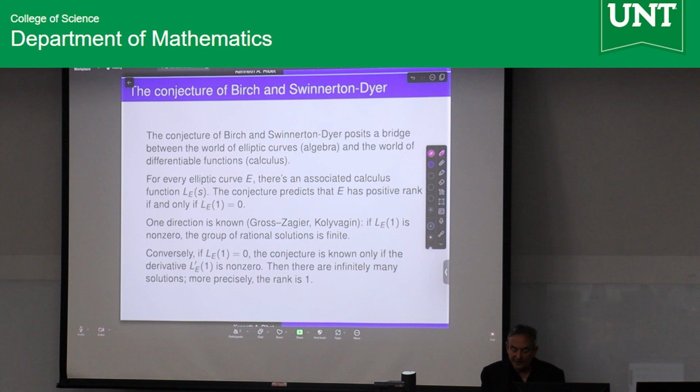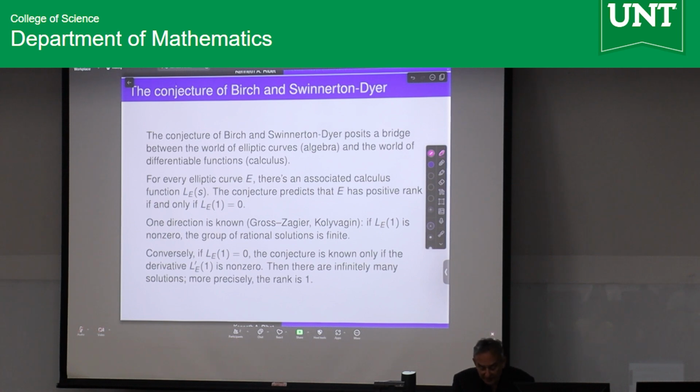The results were proved in the 1980s by Gross and Zagier, who did part of the picture, and Kolyvagin did a complementary piece. So we know, for example, that if the number is non-zero, then the rank, in fact, is 0.